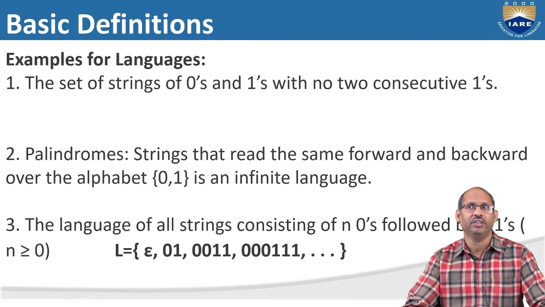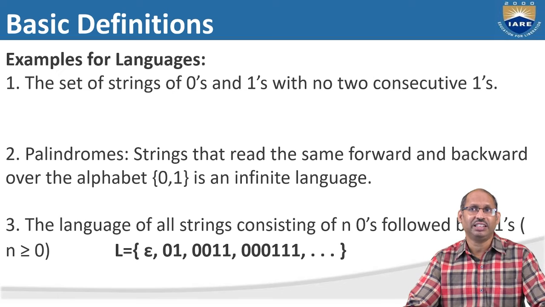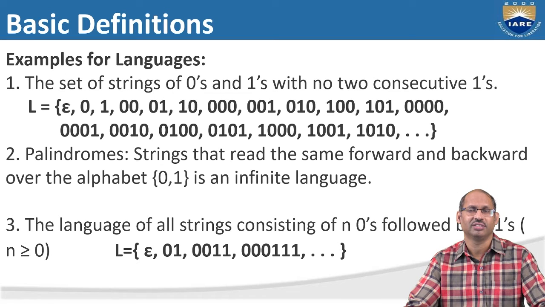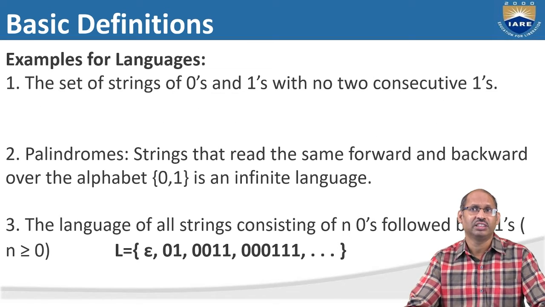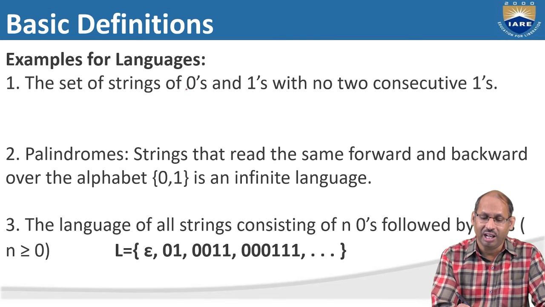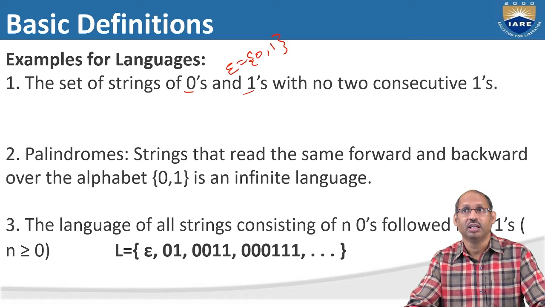Now, we'll see them one by one. A set of strings of zeros and ones with no consecutive ones. Here, what is the alphabet? The alphabet is zeros and ones.